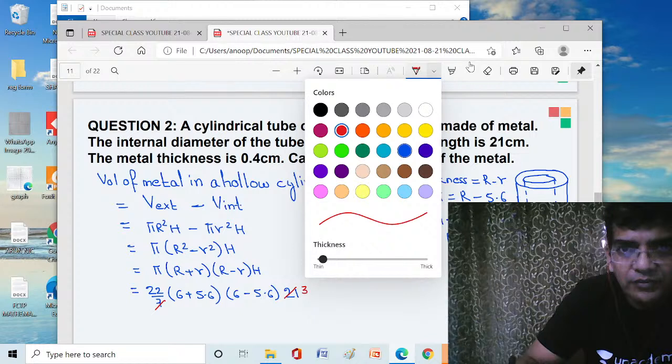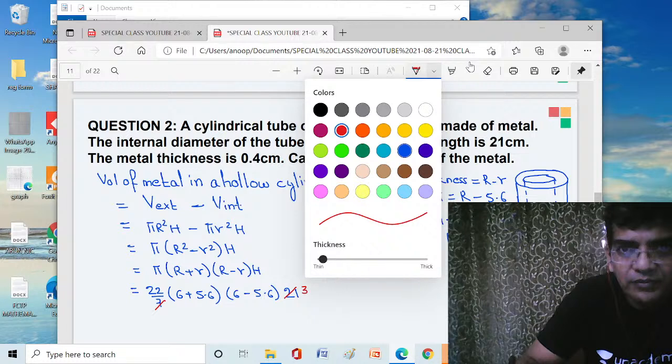Now you have to do the simple multiplication to get the volume. So volume is equal to 22 into 11.6 into, 0.4 multiplied by 3, which gives me 1.2.